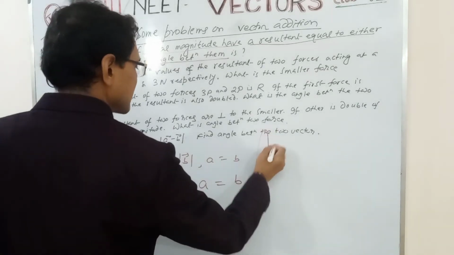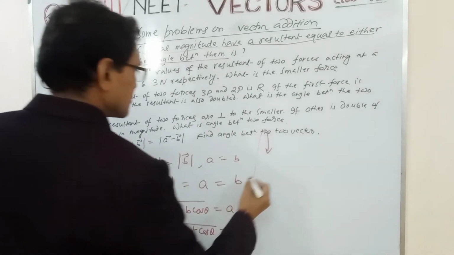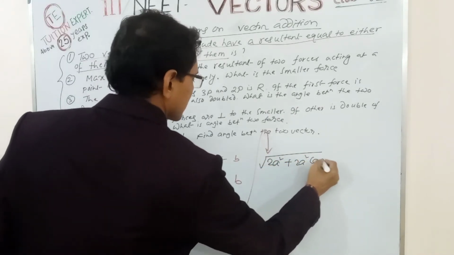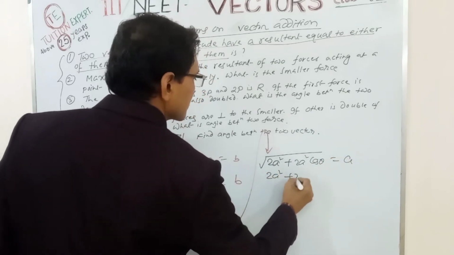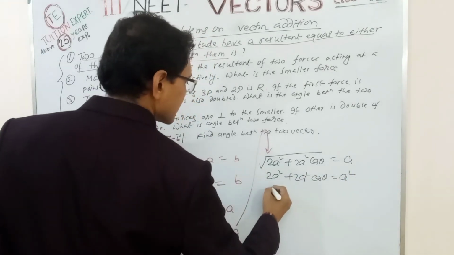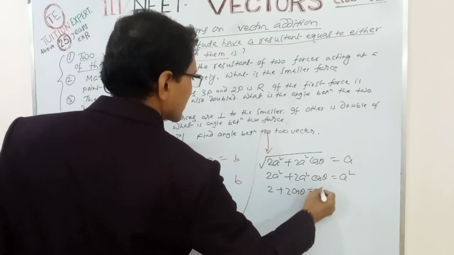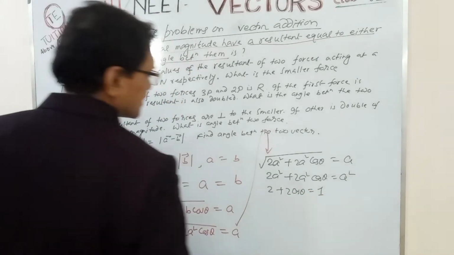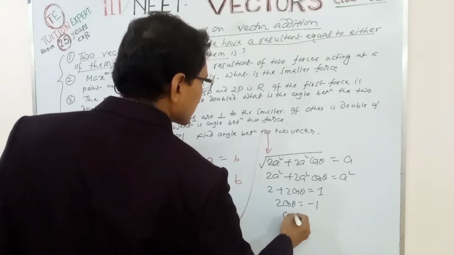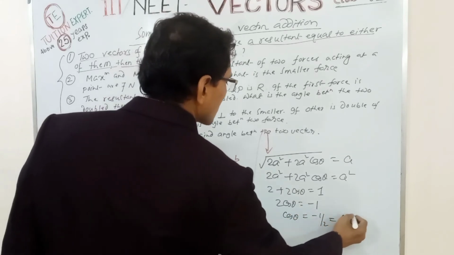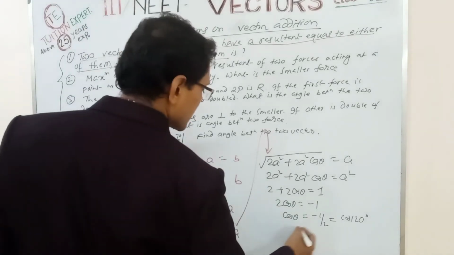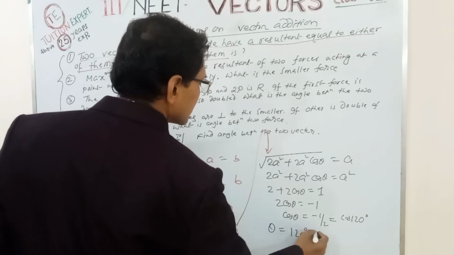So we get a square, now cancel this from both sides. 2 cos theta plus 1 minus 2 minus 1, cos theta equal to minus half. The value of minus half is cos 120 degrees, as you learn in maths. Theta equal to 120 degrees. So this is the answer.